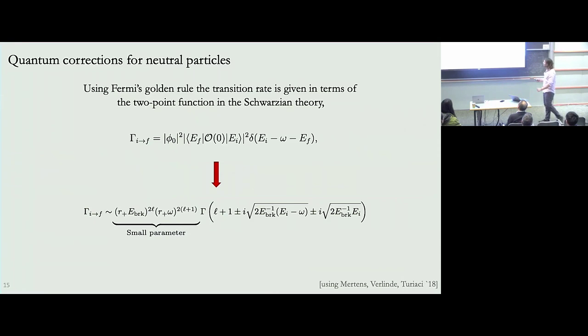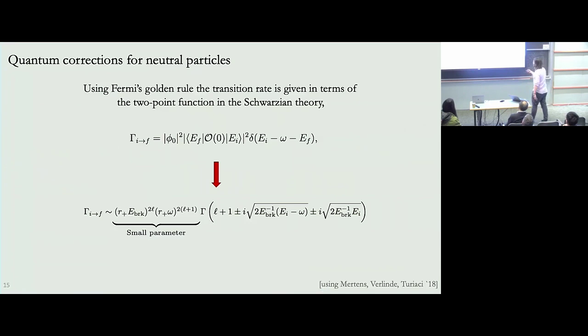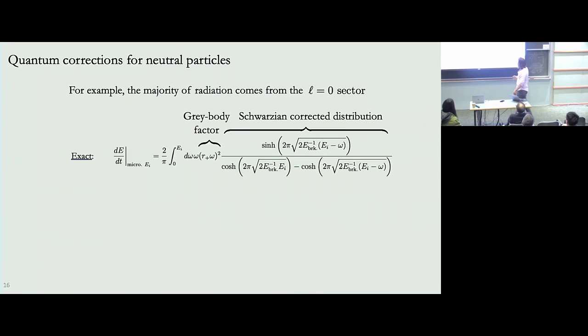So, for instance, for a neutral scalar, if we have a massless scalar, the majority of radiation comes from the S wave sector, and we can explicitly write down what this gamma function takes, a very nice form for any energy, just because L is set to 0.